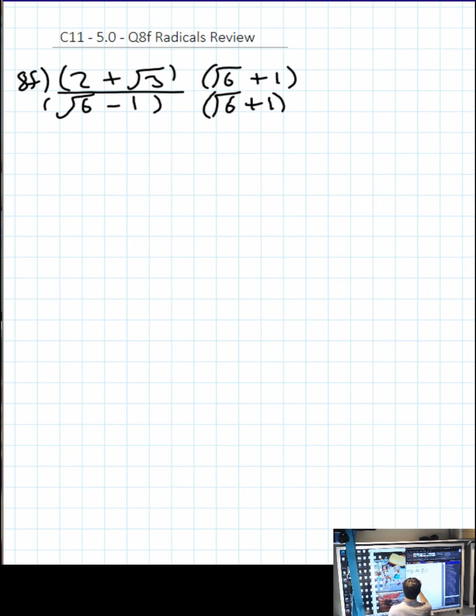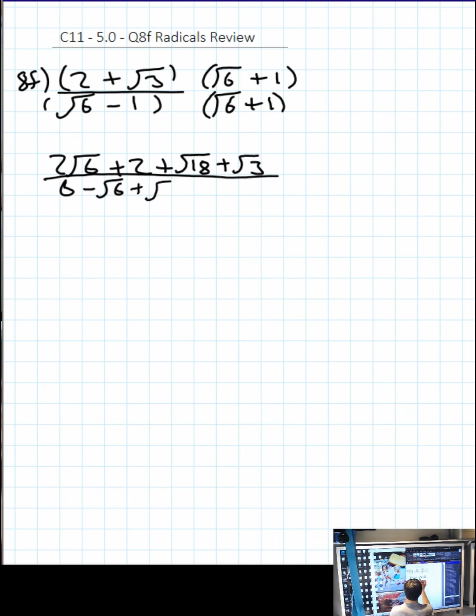So again, remember, any difficulty with FOIL, go back to the earlier questions and review them. Outside of that, on the top, we have 2 root 6 plus 2 plus root 18 plus root 3 all over root 6 times root 6 is 6 minus root 6 plus root 6 minus 1.